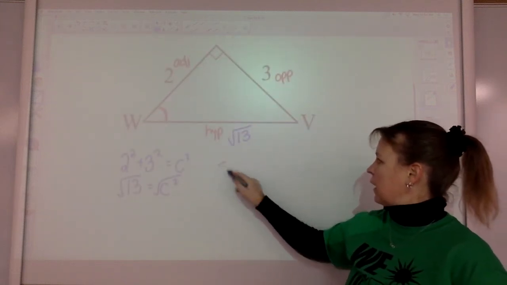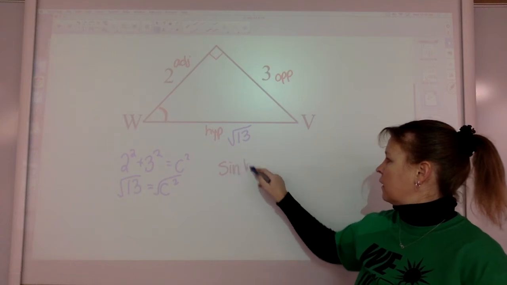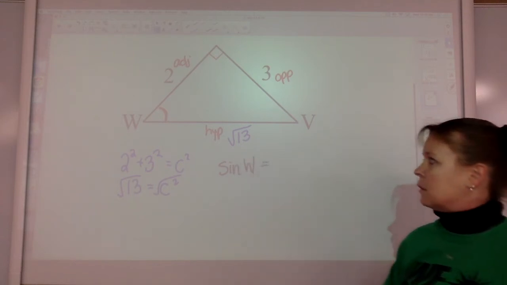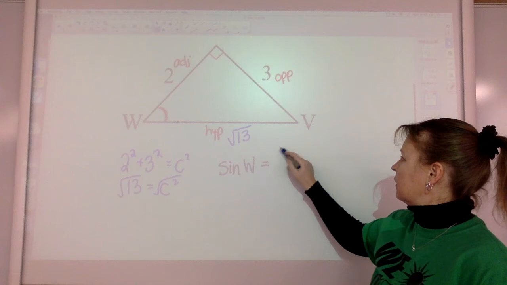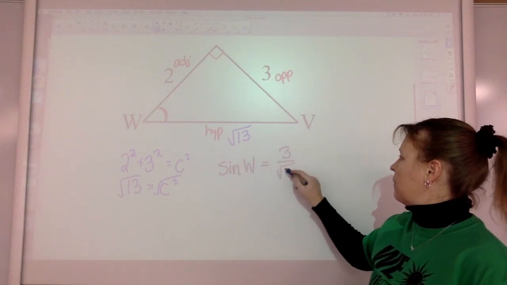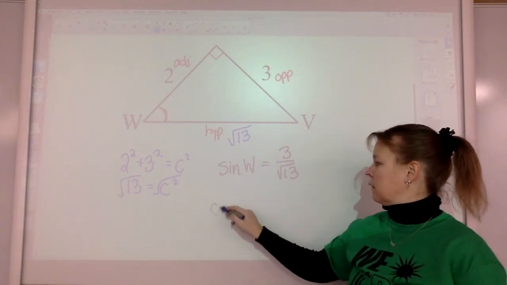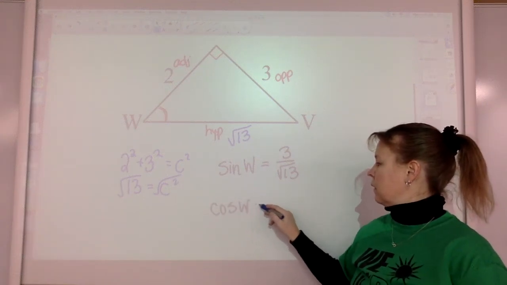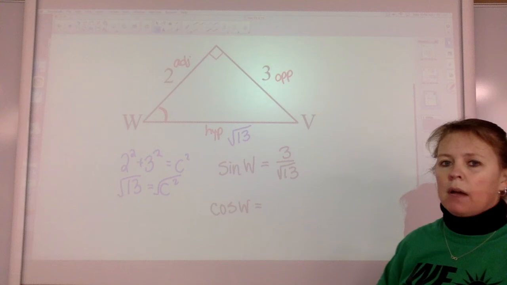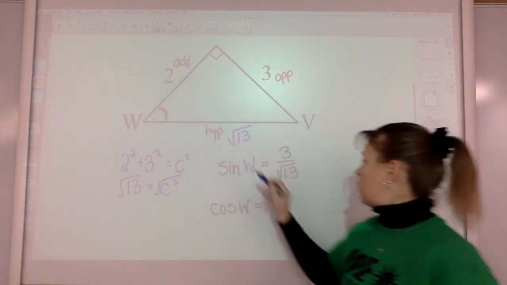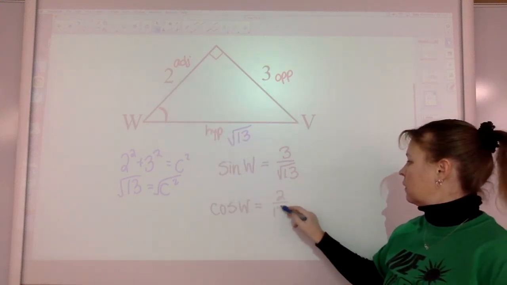So we'll start with sine. The sine of W, capital W, equals opposite over hypotenuse. The cosine of W equals adjacent over hypotenuse.